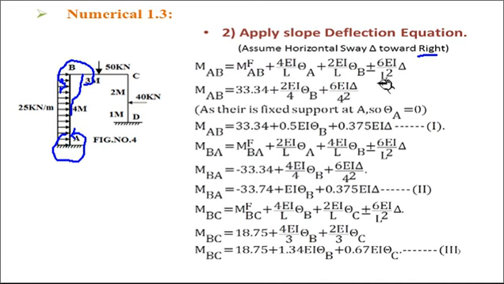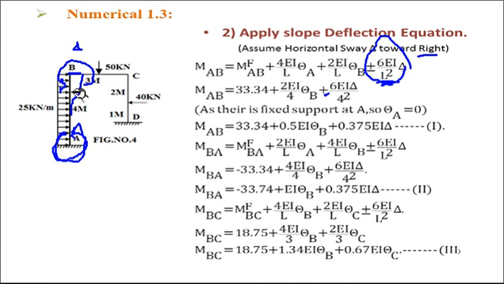The value of the moment due to delta is 6 EI by L square into delta. This moment sign you have to take as positive. Why positive? Because we assumed delta toward the right, and because of this delta the moment created has the same sense at both ends. So you have to take the plus sign, anticlockwise. That's why 6 EI by L square into delta.